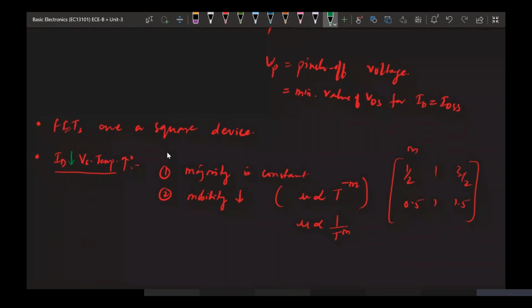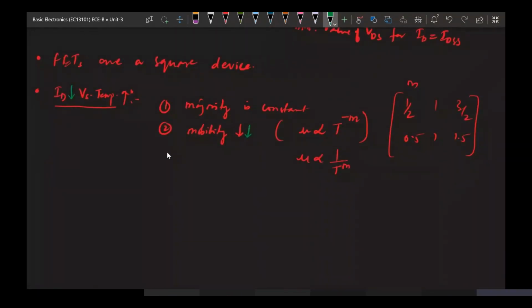This decrease is because of the decrease in mobility, not because of any minority carrier relation, because there is no minority carrier in FETs. So this is the current equation and the variation of current with respect to temperature, and it will depend on the gate to source voltage.